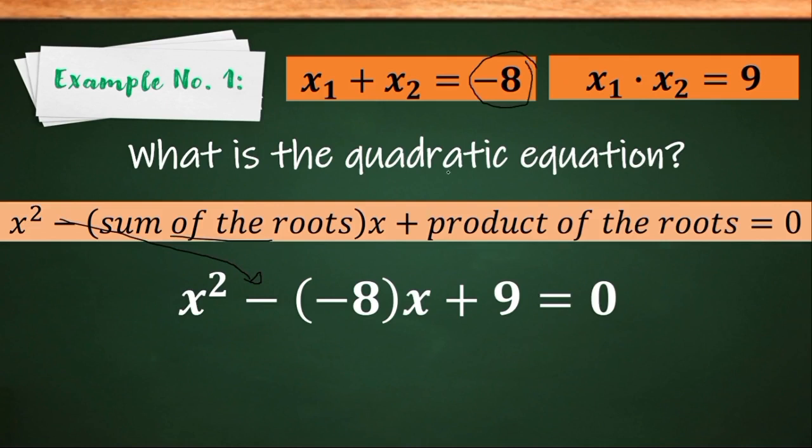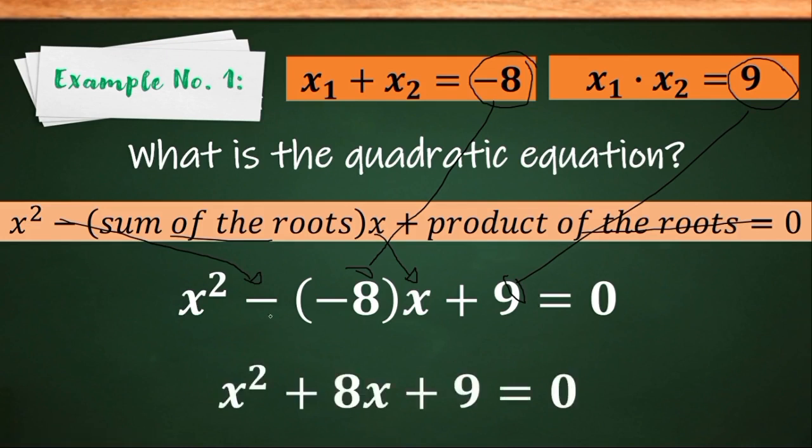It's negative 8. Substitute. Followed by x. And what is the product of the roots? That's 9. Substitute also. To simplify, remove the parentheses by multiplying. Negative 8 times negative is positive. So the quadratic equation is x squared plus 8x plus 9 equals 0.